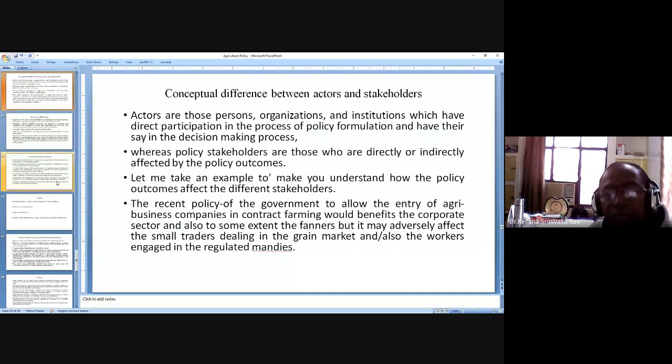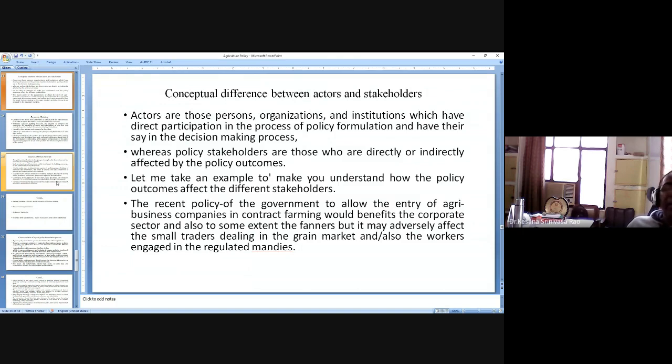Okay, in this way, with the entry of agribusiness companies directly through contract farming in any village or group of villages, the companies will purchase the entire product, so the corporate sector will definitely benefit out of it. But to some extent farmers also benefit, because an assured and good price can be available to them.